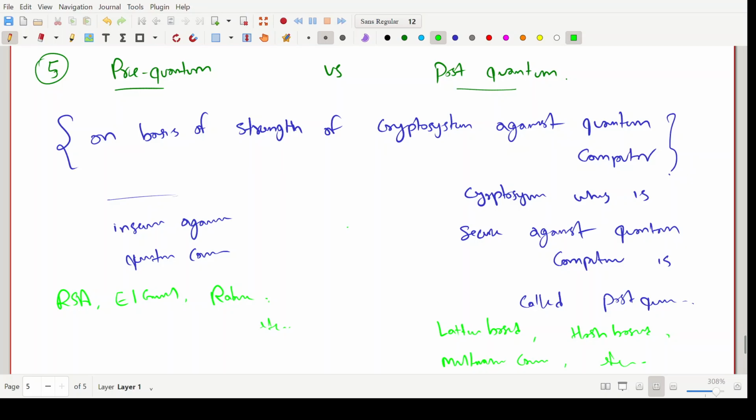So many examples are there. Okay, so if your crypto system is secure in the quantum computer era, then it is called post-quantum, otherwise it is called a pre-quantum crypto system.